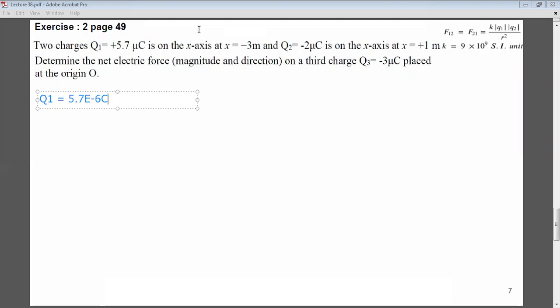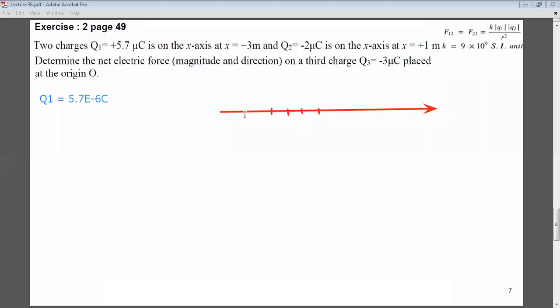So let's draw the x-axis. This is the x-axis. Let's put 0 here. At x minus 3, so there will be minus 1, minus 2, minus 3.